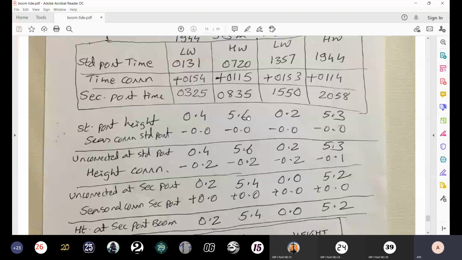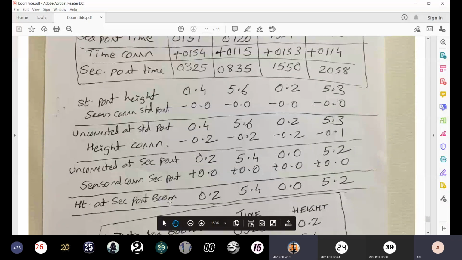For the standard port, we remove seasonal correction. We get uncorrected height at standard port. We apply the height correction. Then we get uncorrected at secondary port. We apply seasonal correction, add, of the secondary port. Now we have got height at secondary port. So try and understand this sequence.